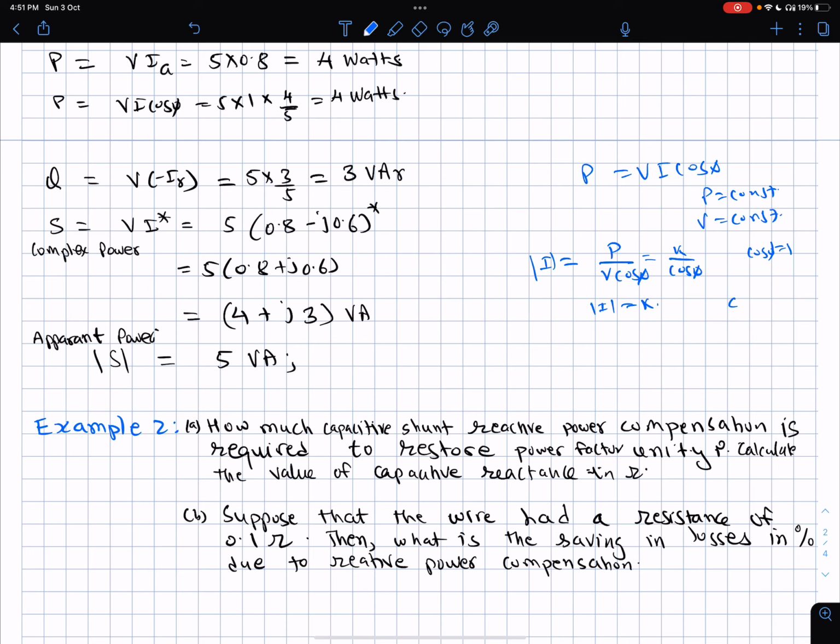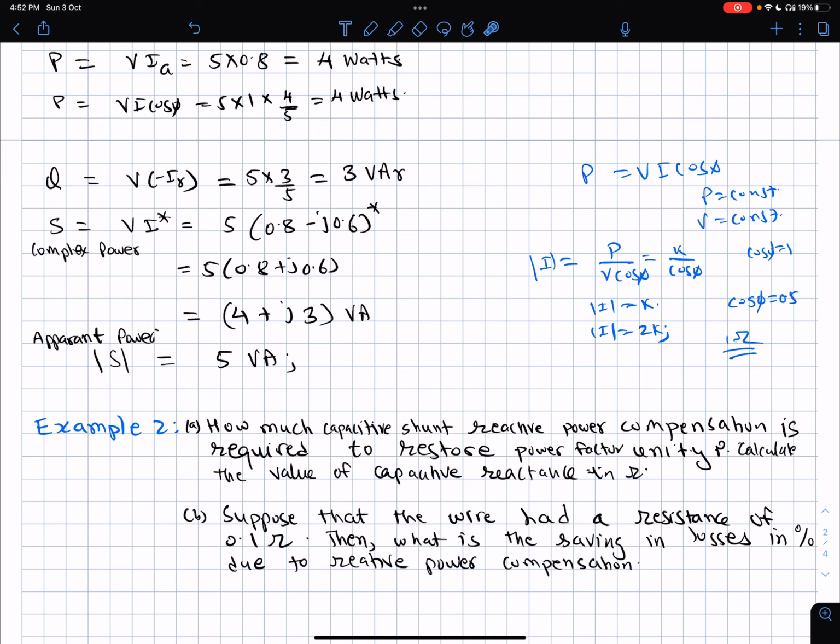Now suppose the current lags by 60 degrees. So then what will happen to cos phi? Cos phi will become 0.5. So what will happen to current? The current will become K by 0.5, or 2 times K. Now suppose the wire which is connecting the load, let's say it has a resistance of 1 ohm. So in that wire, approximately K square, because if you add the wire resistance, current also will change a bit, but usually the wire resistance and inductance will be small values and the load will have a larger value.